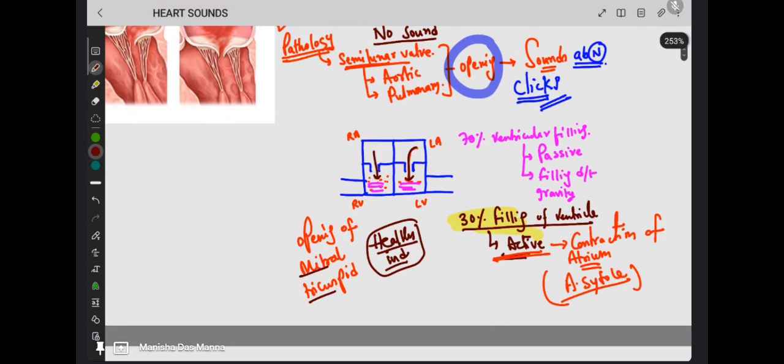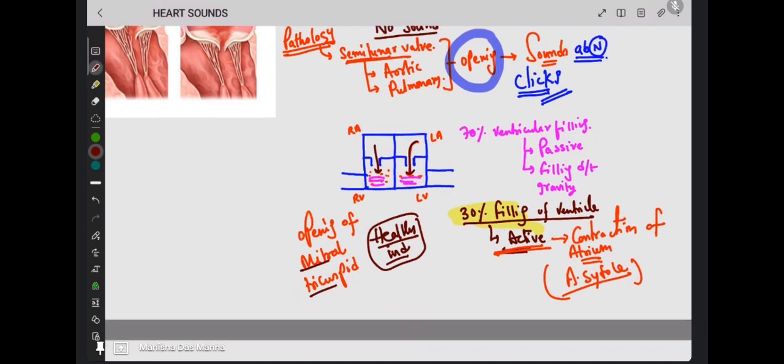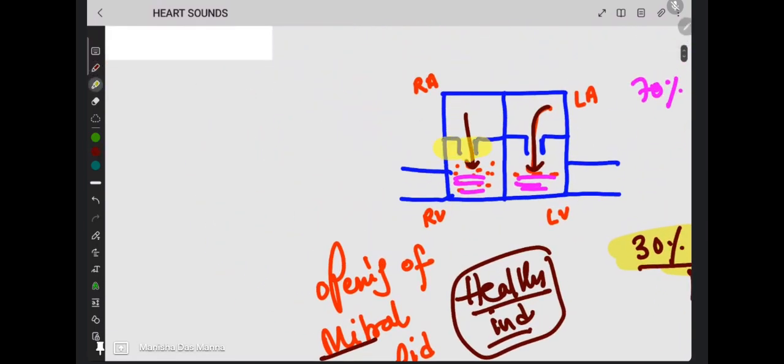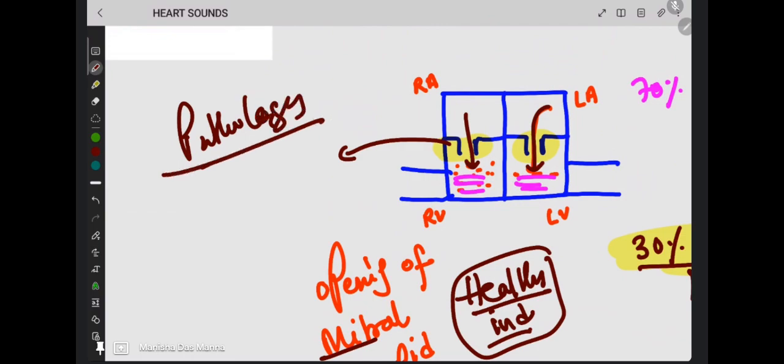Actually, opening of any valve in healthy individuals does not produce sounds. But if any pathology is associated with those valves, it leads to opening snaps.